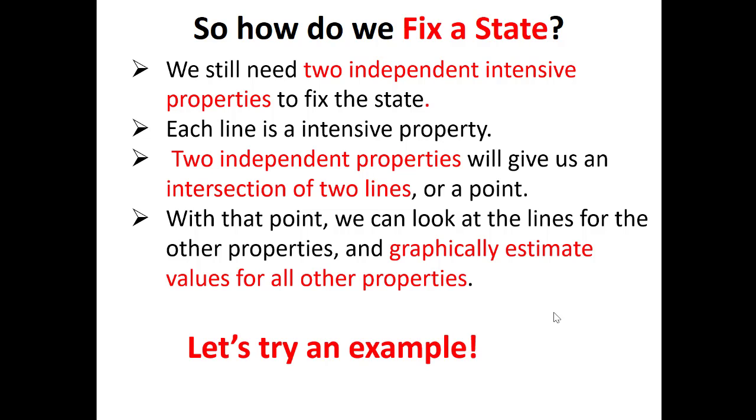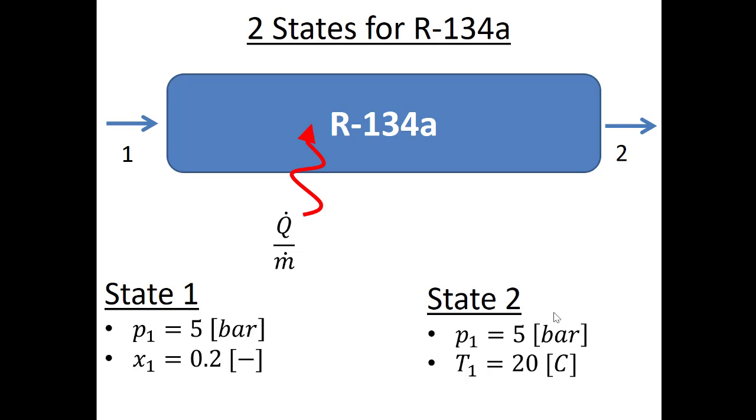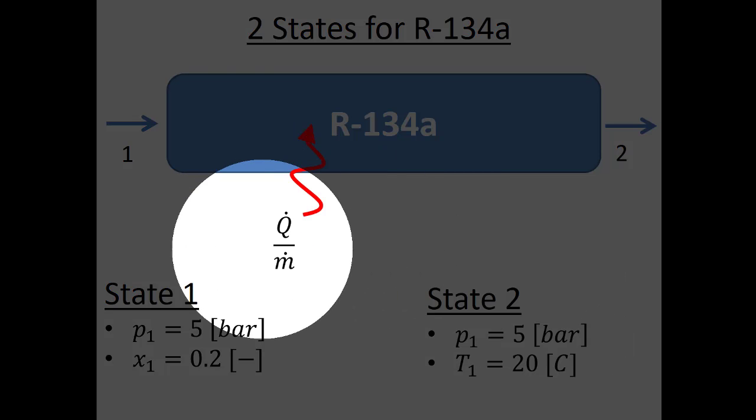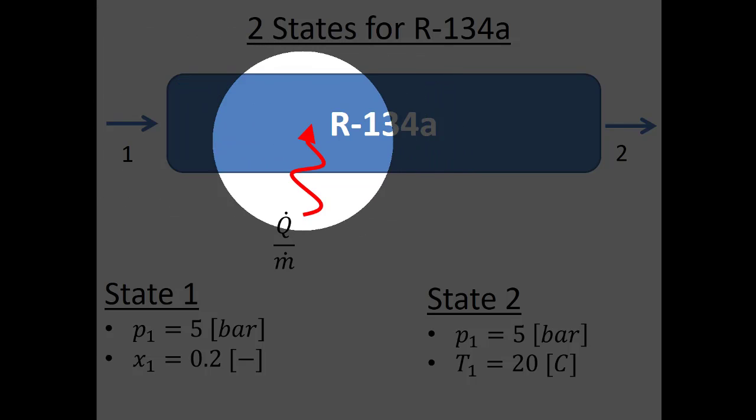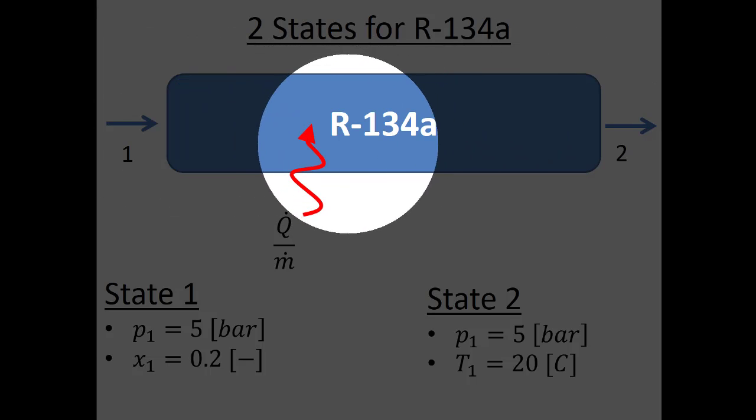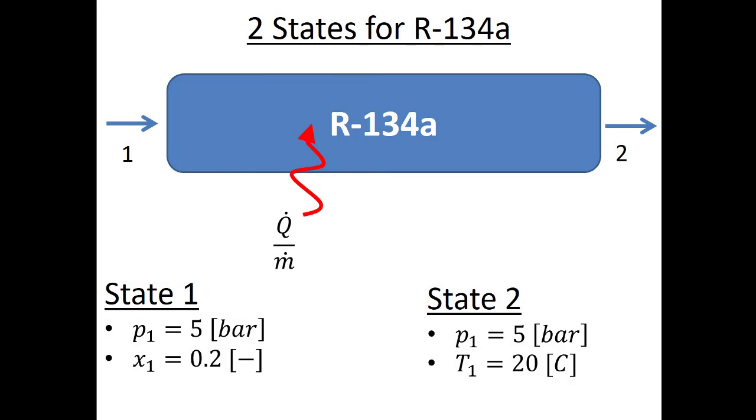So we'll try an example here. It's a pretty quick example. We're going to look at this heat transfer process where we have heat transfer coming into this evaporator. We've got R134a flowing through the cold side of our evaporator, and we're adding heat.